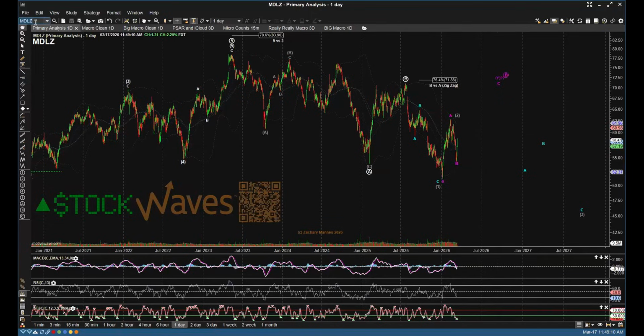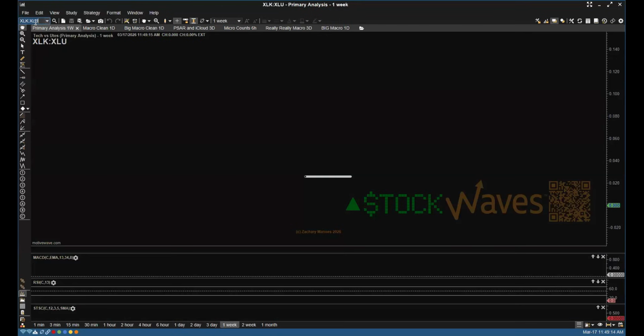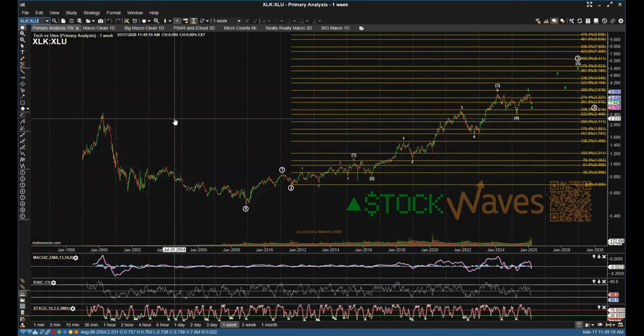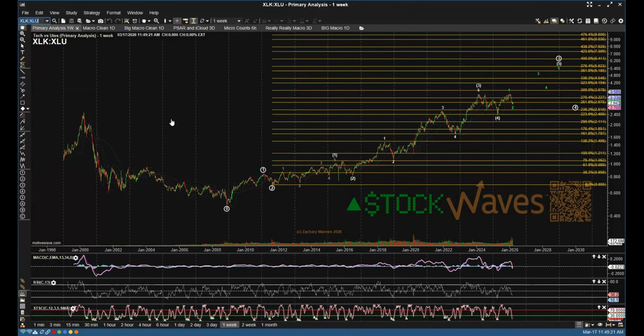Another chart that I wanted to quickly glance at is the XLK XLU. So not quite the same as discretionary versus staples, but XLU is usually viewed as a more defensive name, XLK quite the opposite.